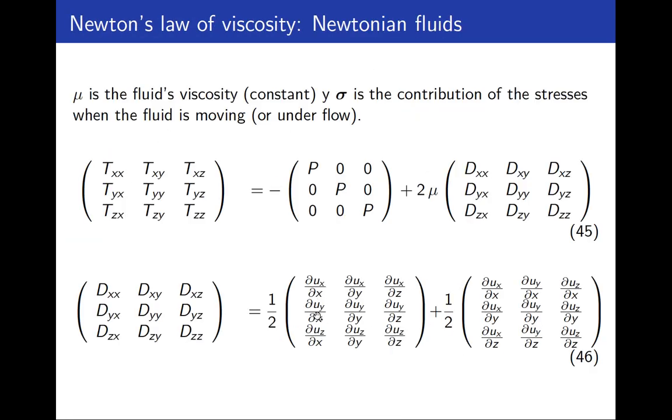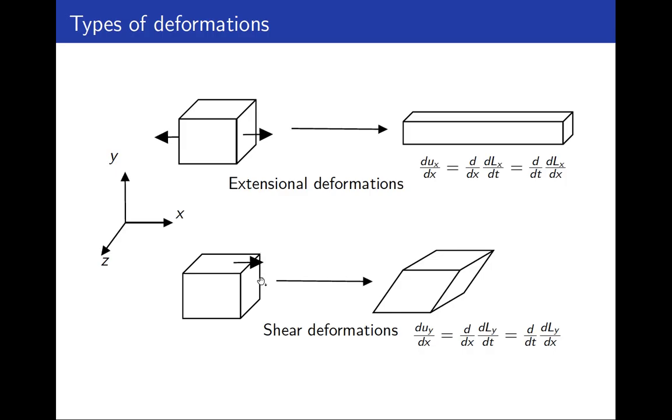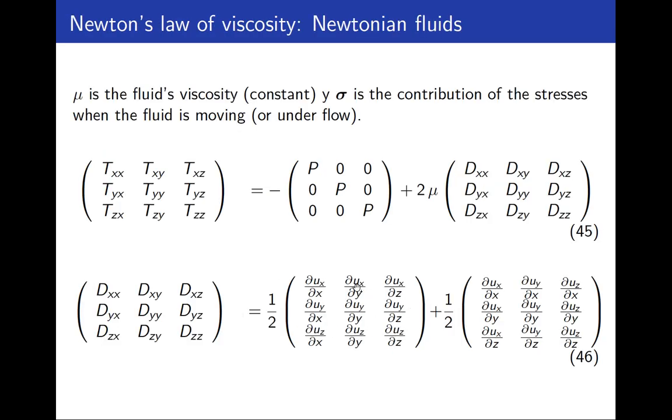So we have this term, but we can also have deformations, for instance, in other directions, as indicated by these indices. So you sum the velocity gradient plus its transpose, and you get the deformation tensor.